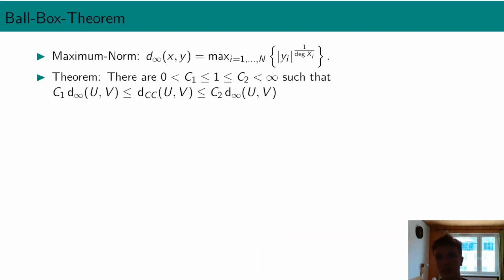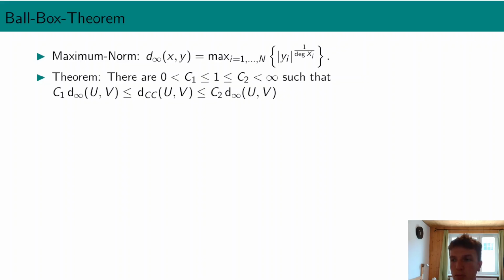But in general, if we are not in the special SU2 case, it's very hard to find geodesics and to find how long those geodesics will be, or how the error will scale. And therefore we found this ball-box theorem, and that connects a norm that can be computed, the so-called maximum norm, to the sub-Riemannian distance.